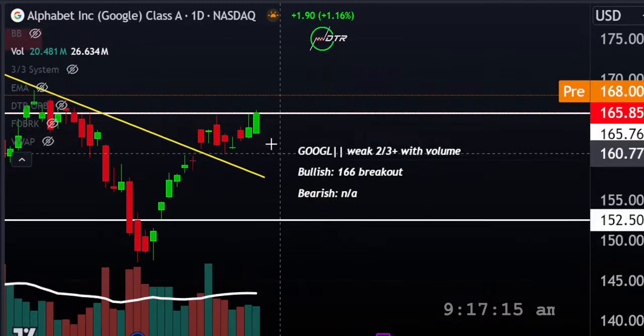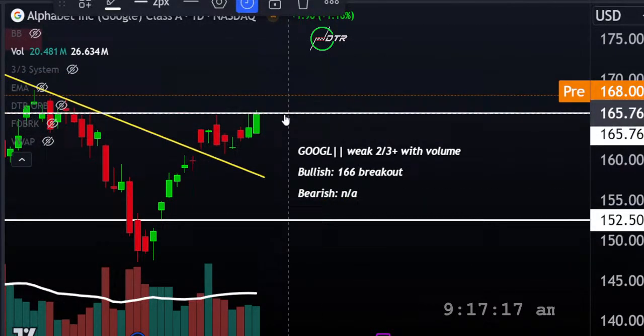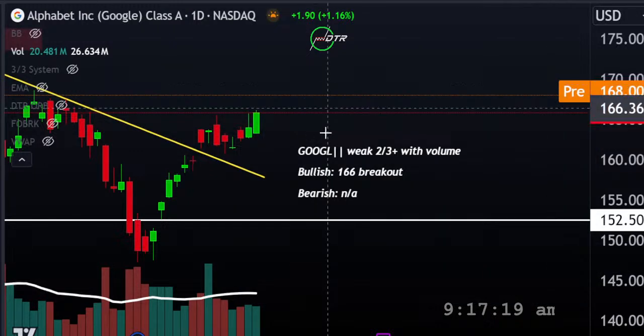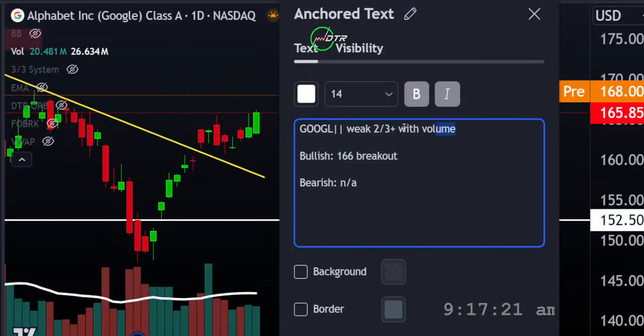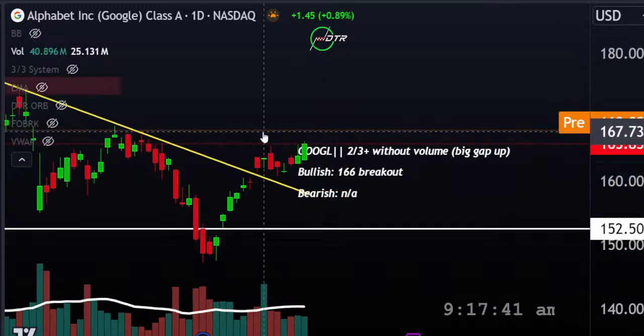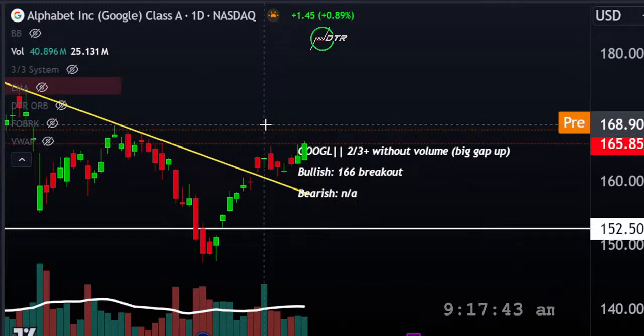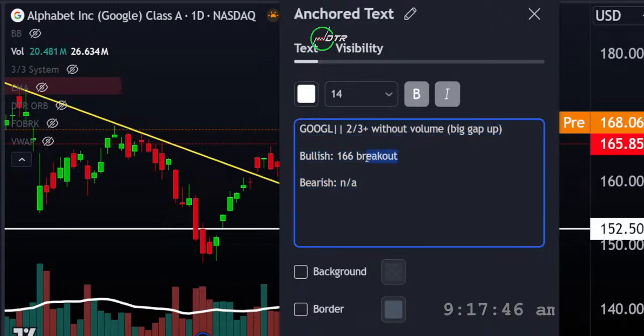Okay, good size gap up here on Google. And then we're going to be looking for, what is that, 168.90, so a 169 breakout here, right?